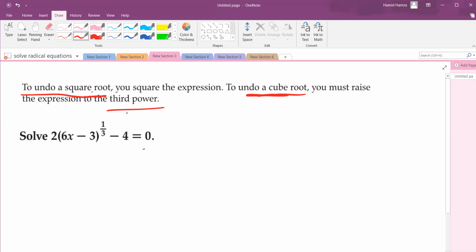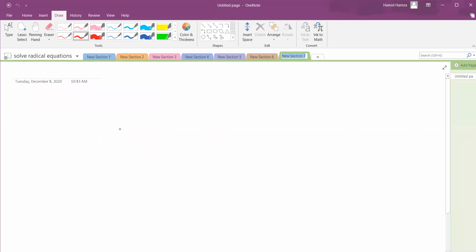The second point I wanted to talk about: what is the meaning of 1 over 3? 1 over 3 means cube root, guys. You know that we can change from root notation to exponential notation. It's very easy.